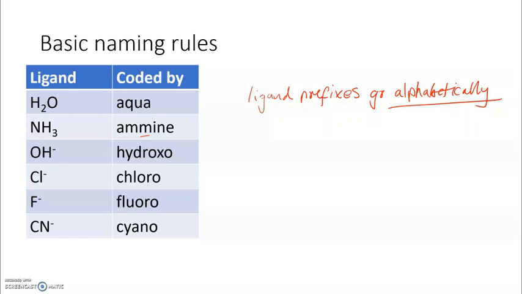So cyano would always come before hydroxo, but after chloro, for example.